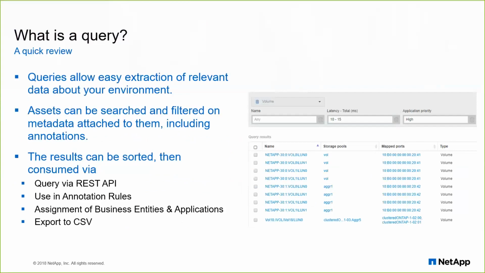That can be very useful, especially across multiple storages or data centers. And with that query result, you can pull data out through the REST API. You can use it in annotation rules, for assigning applications and business units, and also export to CSV if you're importing it into some other tool.